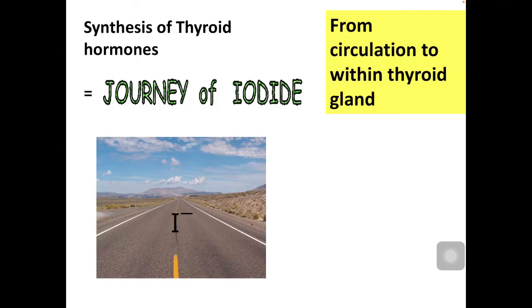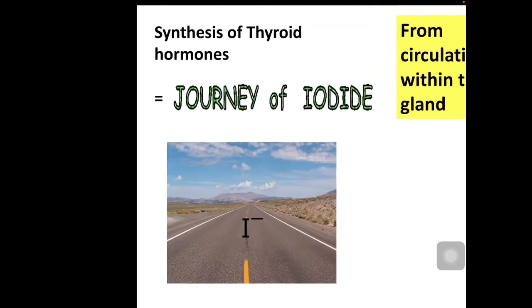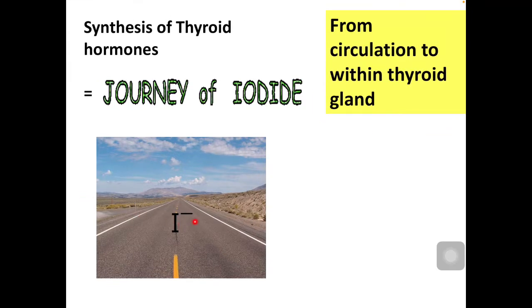First and foremost, as far as any hormone is concerned, we ask how it is synthesized, how it is stored in the gland, how it is released, and what factors regulate its secretion. The first thing that is essential for the synthesis of thyroid hormone, that is T3 and T4, is iodine.